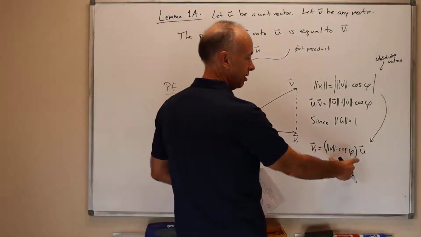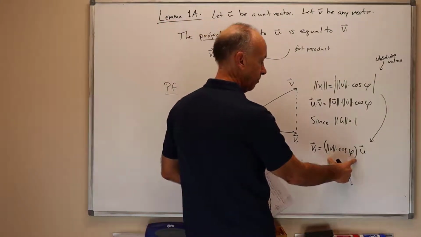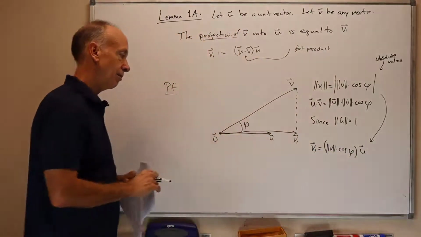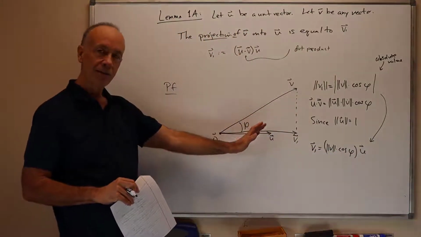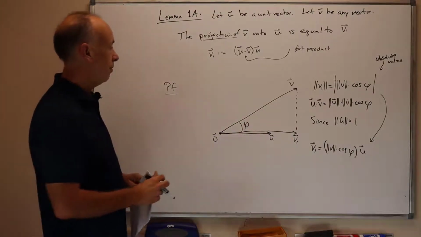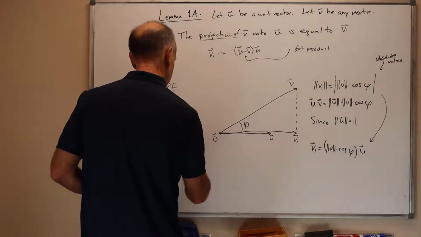Because this is the signed length of the vector v1, and the direction of v1 is in the direction of u. With positive sign, it's this way. With negative sign, it's this way. Okay. And so now from this, the lemma follows immediately.